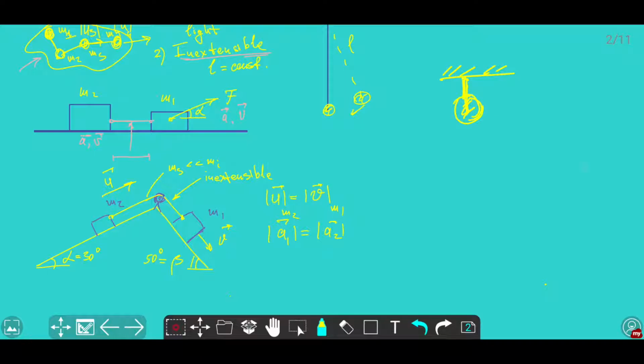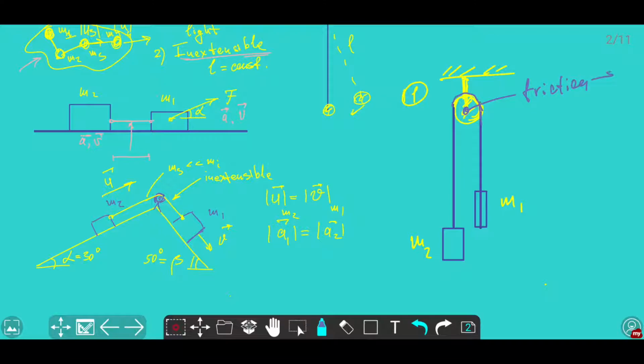For example, the first case with the pulley might be as follows. You have two objects attached to it. That's going to be object 1, and this is another string with, let's say, object 2. They have different masses, of course, M1 and M2, otherwise they would be in balance. The string just goes over that pulley this way, and there is no friction, or friction in the axis of rotation is very small.